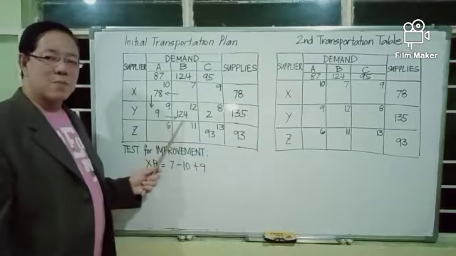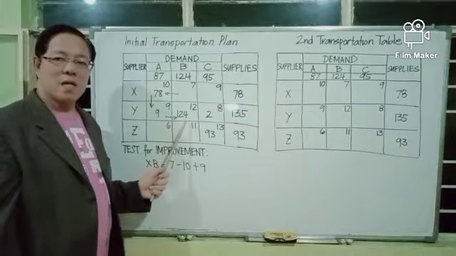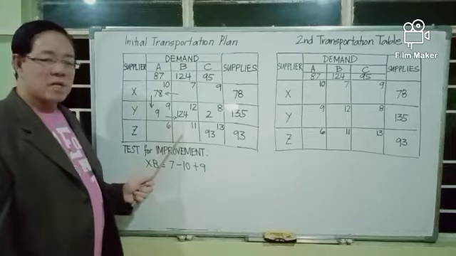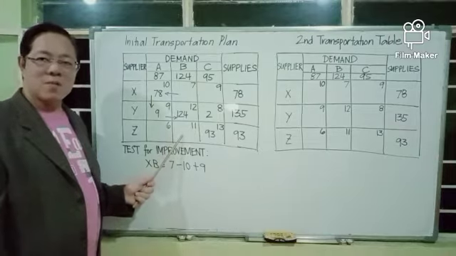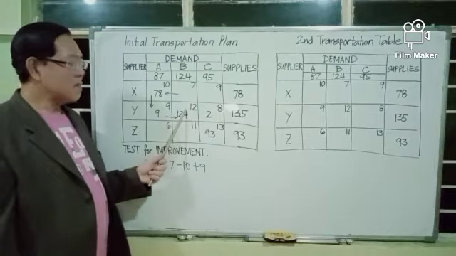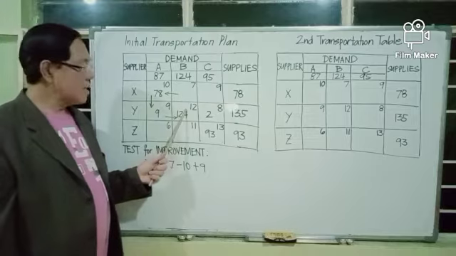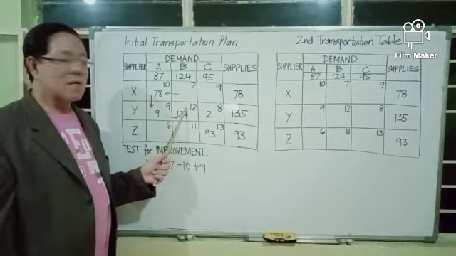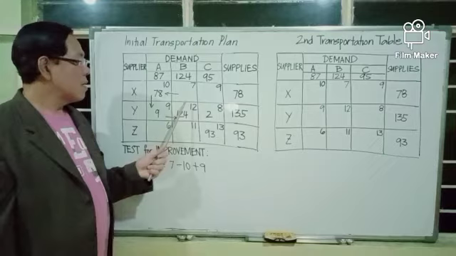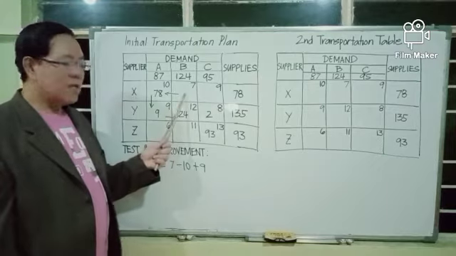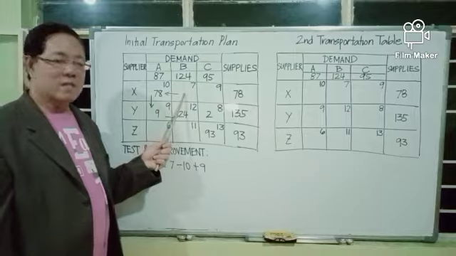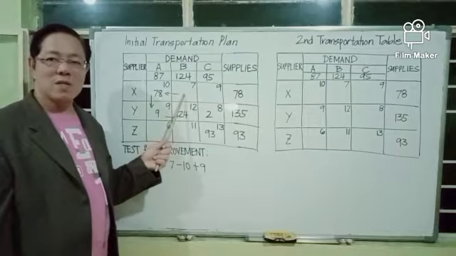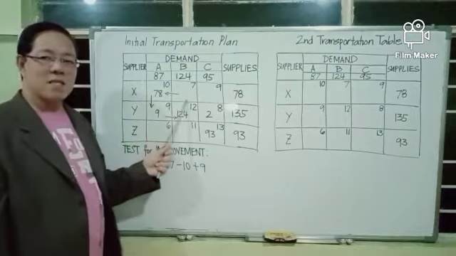After this horizontal movement, the next move is vertical. Now, you cannot move to this cell because it's vacant. The last movement is vertical upward. And if you move vertically upward, you will land at the vacant cell where you started, the vacant cell XB.